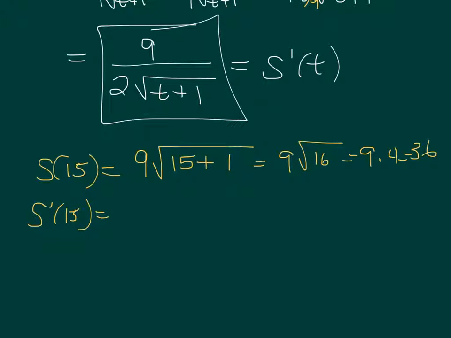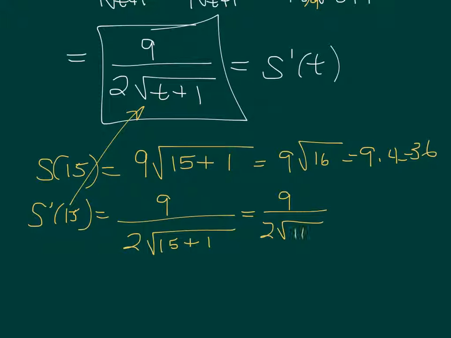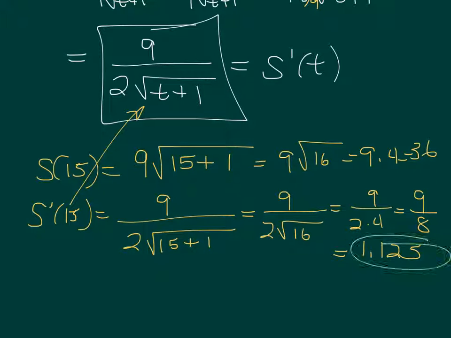Well, that's my derivative that I just found. So where I see a t, I plug in a 15. So I get 9 over 2 square roots of 16, which is 9 over 2 times 4, which is 9 over 8. If I get my trusty little calculator out, I see that's 1.125, because they tell you to type it as an integer or a decimal.